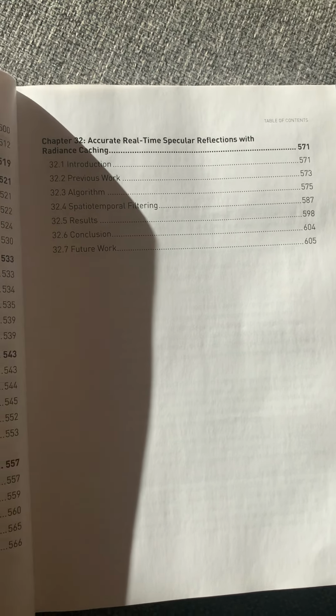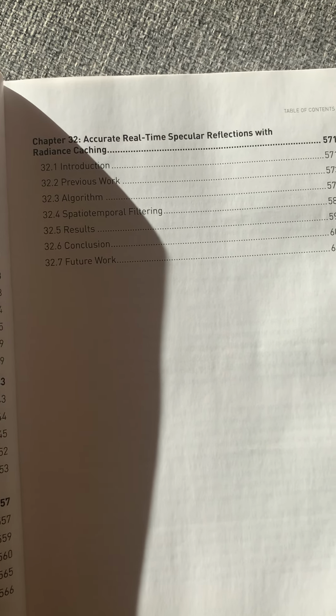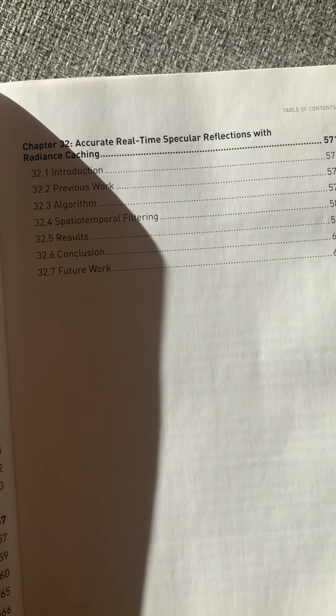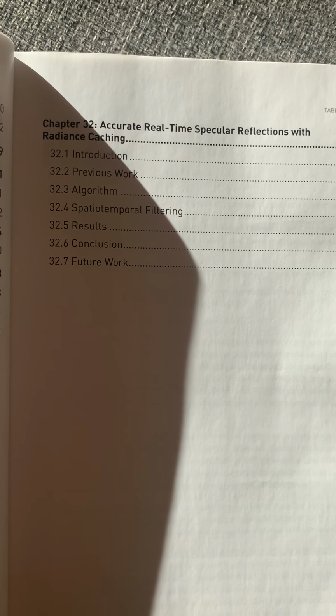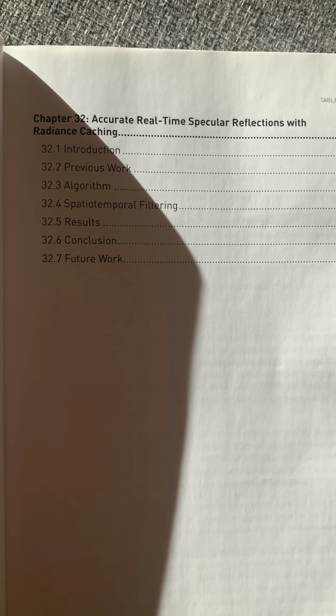To calculate glossy reflections, you need to calculate an integral. So you need to sample, for specific pixels, shoot many rays and estimate the integral with Monte Carlo. And this chapter describes how to do this in a practical way.